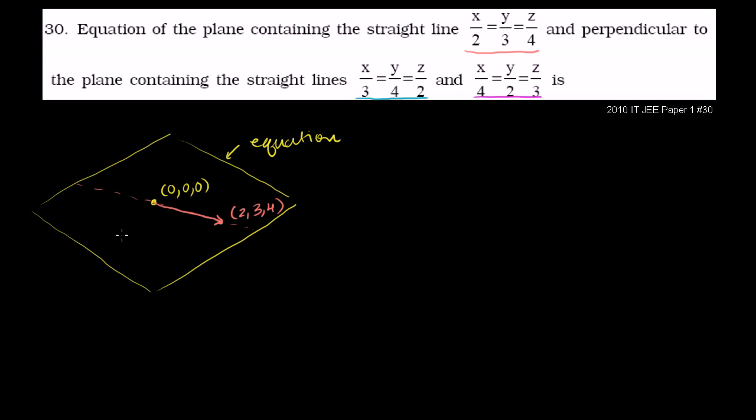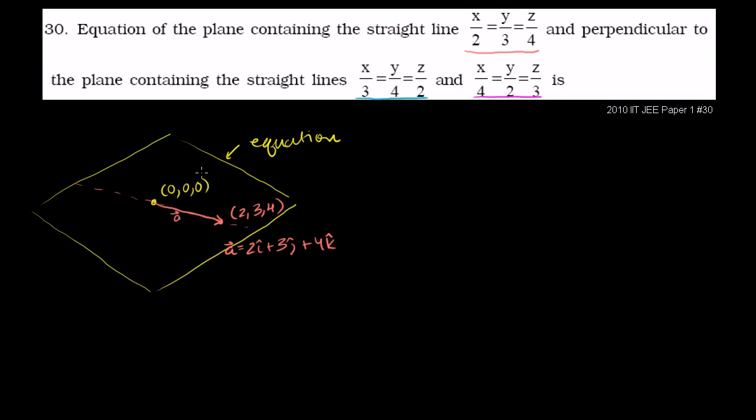And I'm going to write it in ijk notation just to make it clear that this is a vector. So this vector that lies in the plane in question is the vector 2i plus 3j plus 4k. I just wrote it in unit vector notation. I'll call this vector a. Vector a is equal to that, and I'll write a over here.